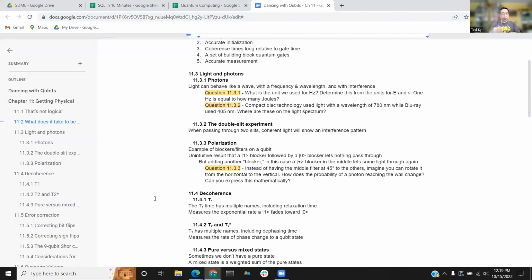In the book, it says if you did just that, then you would see some light still makes it through, and it would now be 100% ket 0. So if you measured any of it, you're 100% certain to get a 0. Now, if you build a 0 blocker, and you can think of it as like a vertical and a horizontal filter, then absolutely nothing gets through.